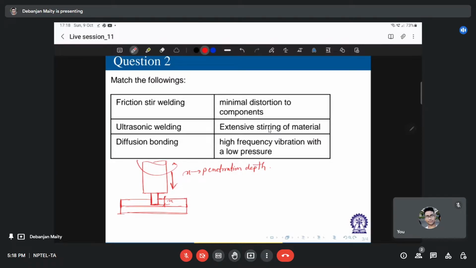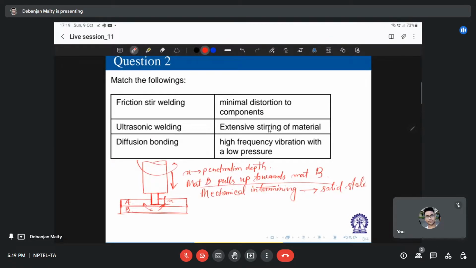And because of this tool rotation and downward plunge, the material of this bottom one tries to pull up the material towards this material A. Let's say this is material A, this is material B. So material B pulls up towards material A, and because of this mechanical intermixing, solid state diffusion can happen.